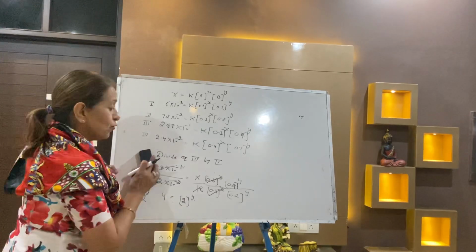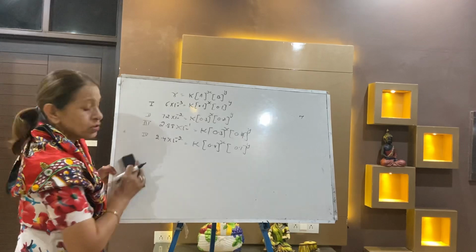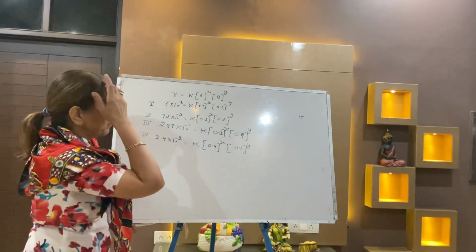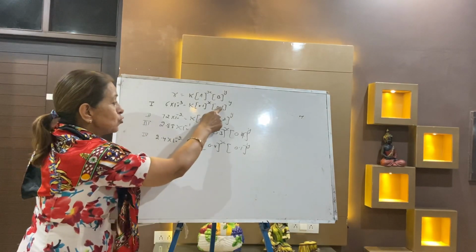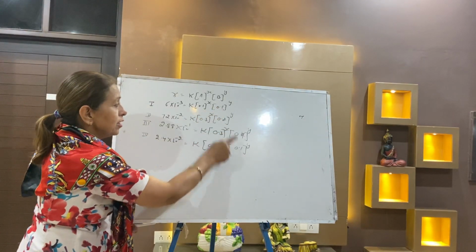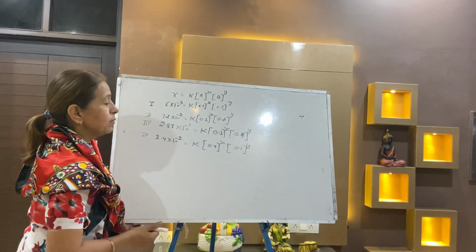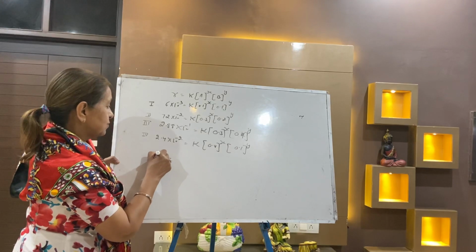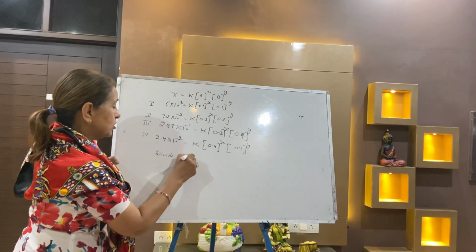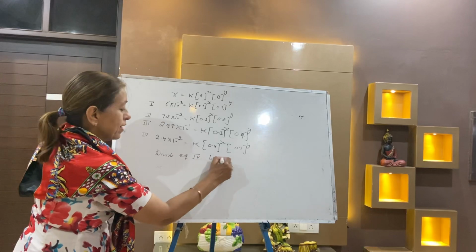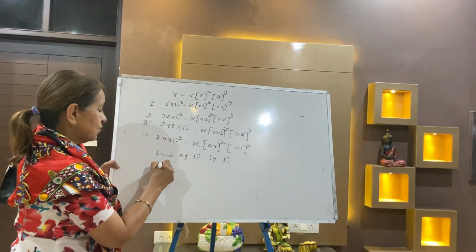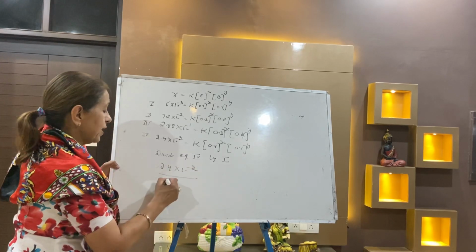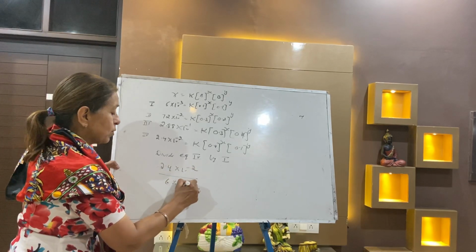Okay. Now what will you do? Now you will divide those two occasions where the value of B is the same. You can check in the first occasion and the fourth occasion the value of B is the same, that is 0.1. Divide occasion 4 by 1: 2.4 into 10 to the power minus 2 divided by 6 into 10 to the power minus 3.